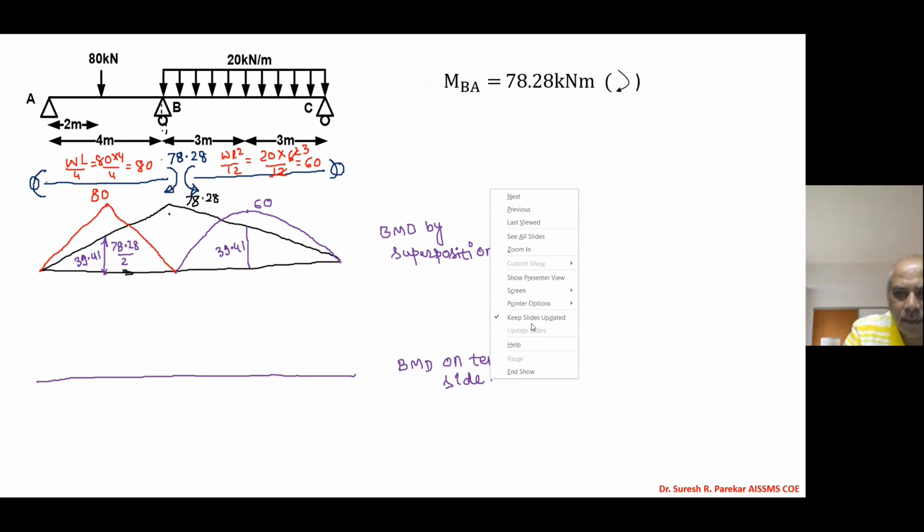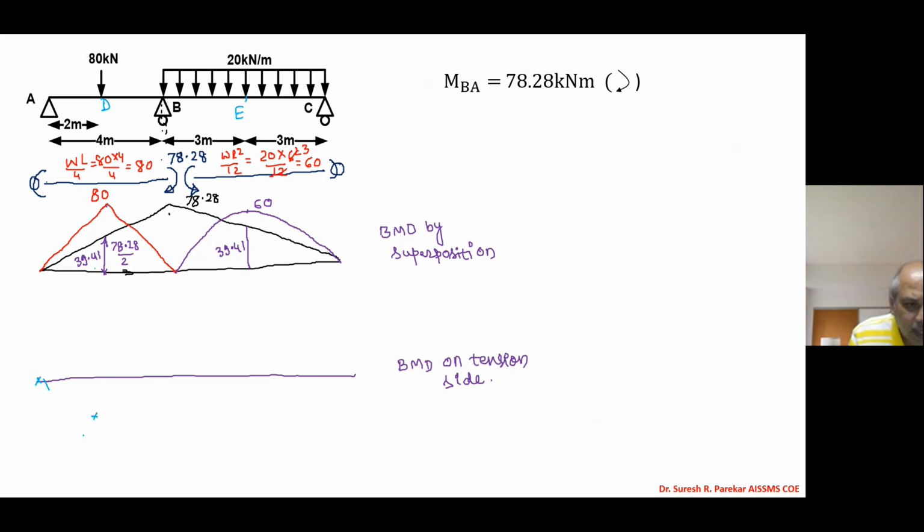Now see how we will plot it. We will now go with this BMD on tension side. We have value 0 at A. What will be the value at center? If I say this is point D and center we have E, what will be the value at D? This is 80 minus 39.41, which is 40.59.